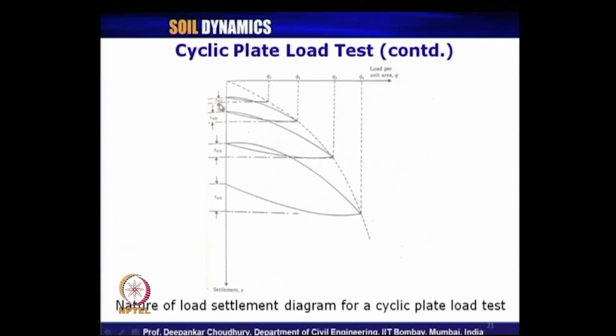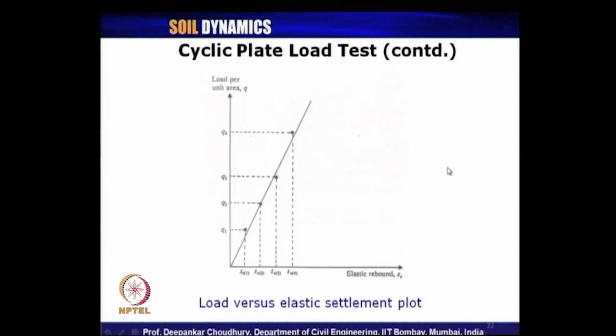So, we got the estimation from this load settlement curve from the cyclic plate load test, of what are the values of corresponding elastic settlement to this applied load. What we are doing next?